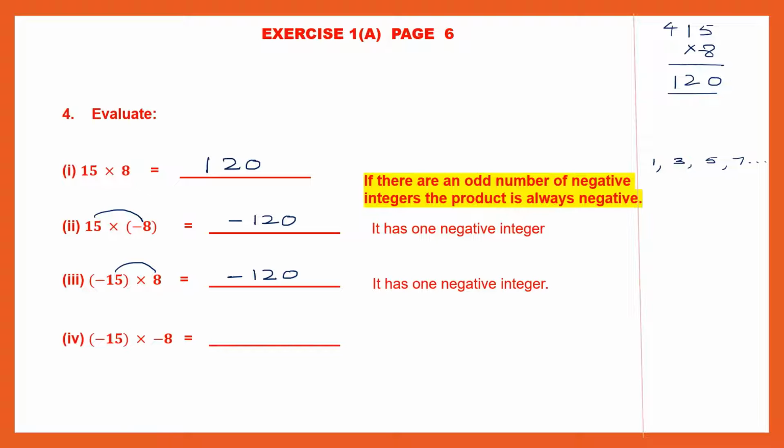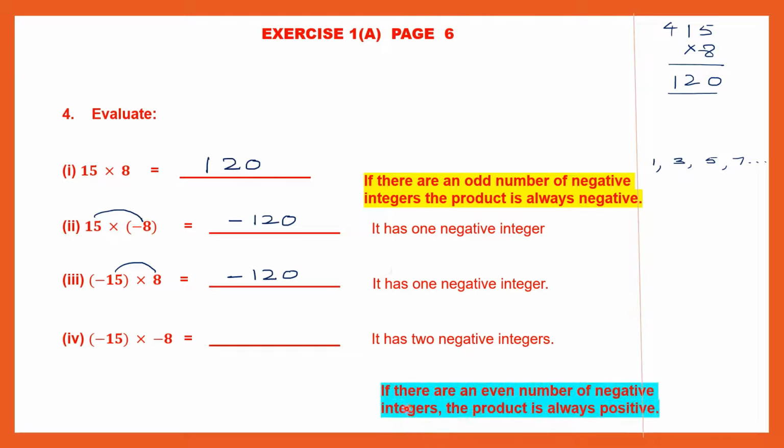Now here we have two negative integers, 1 and 2. So what do we know about it? If there are an even number of negative integers, so what are the even numbers? 2, 4, 6 and so on.